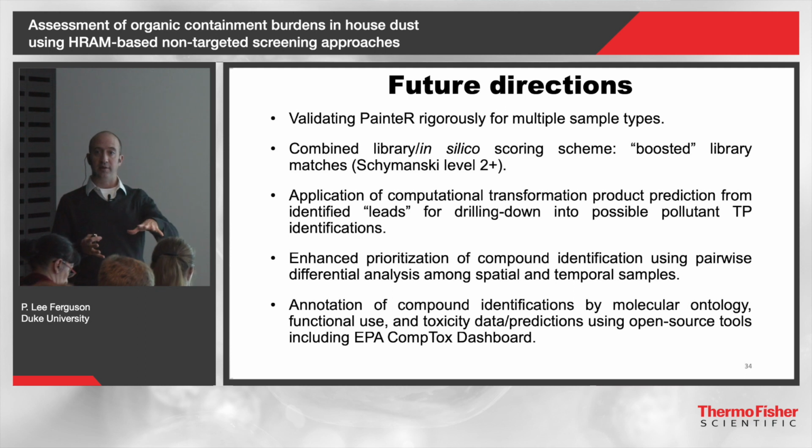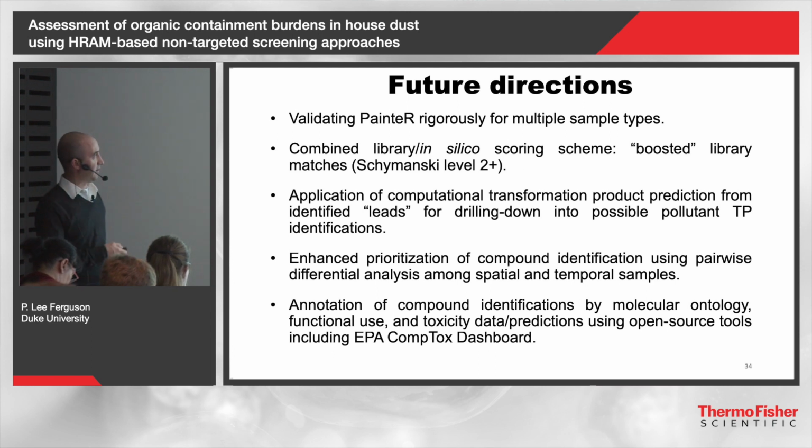So what we say is, if a compound gives a high confidence library match, and that library match molecule is the same answer that we get in our in silico MSMS of all of our structural candidates, then we give that a boosted level 2 library match status. That's a Schymanski level 2+. We're also doing computational transformation product prediction.